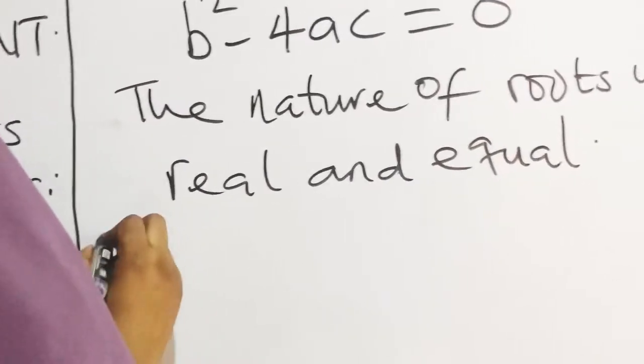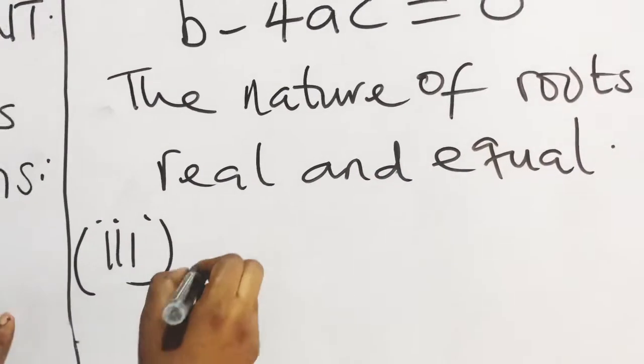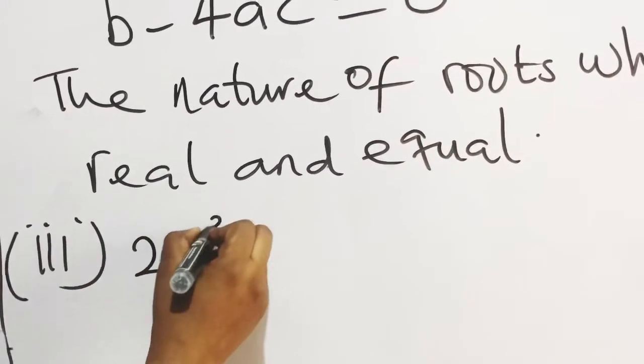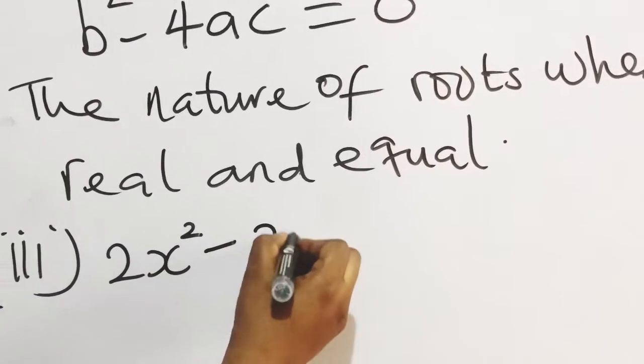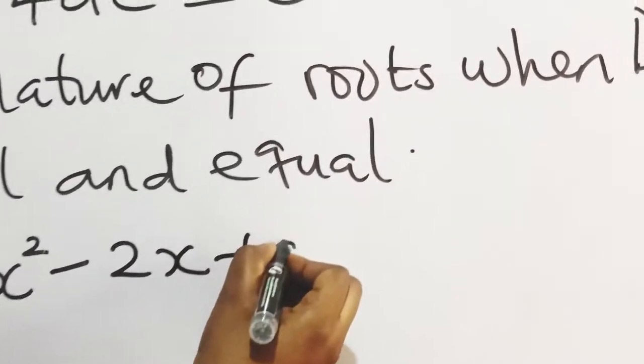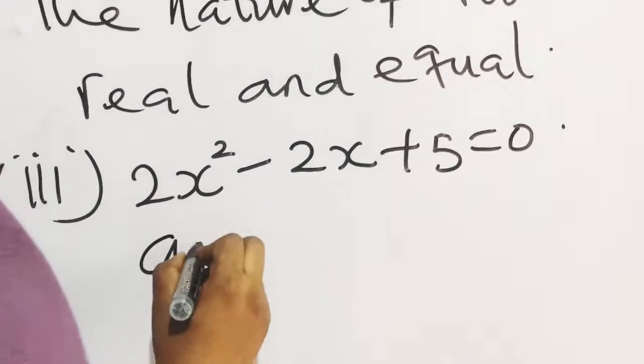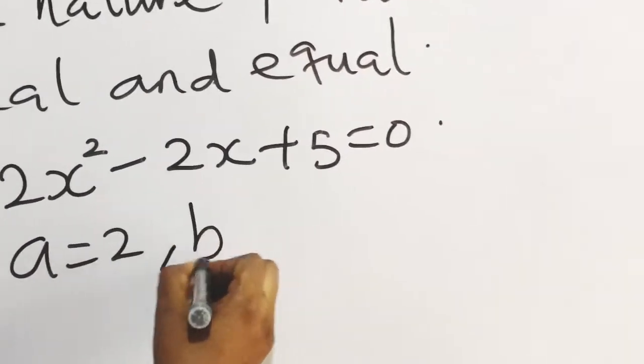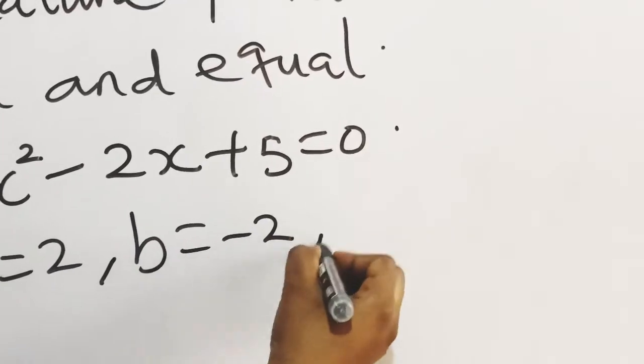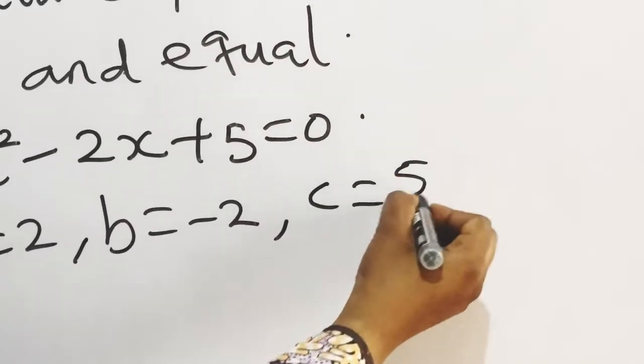3, 2x squared minus 2x plus 5 is equal to 0. So a is equal to 2, b is equal to minus 2, c is equal to 5.